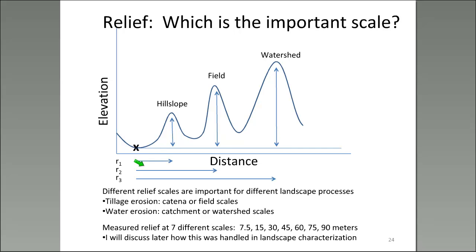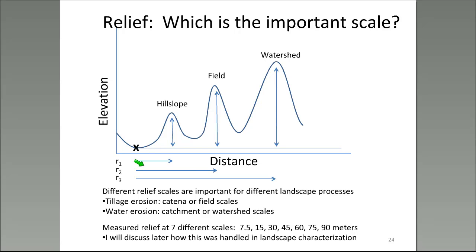Now, relief is an important attribute, and the question is, at what scale should we be measuring relief? For example, for tillage erosion the important scale may be the catena or the field scale, whereas with water erosion, it may be catchment and watershed scales.